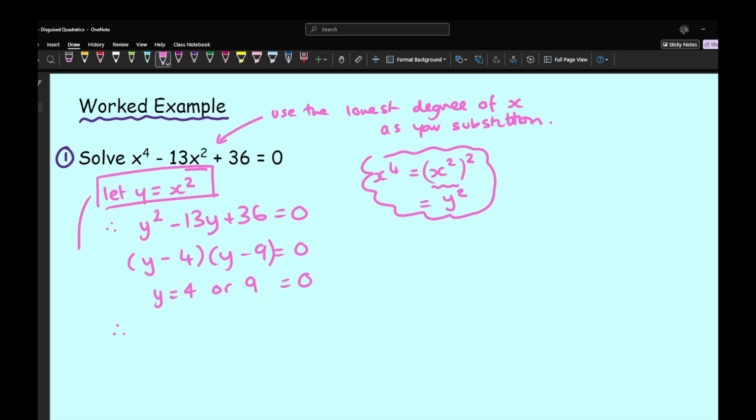So if y = x², then x² = 4, or x² = 9. Now solving this, we get x values of ±√4 or ±√9, giving us an x value of ±2 or ±3.